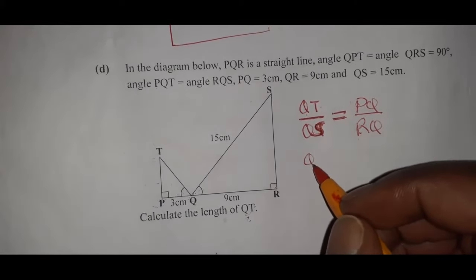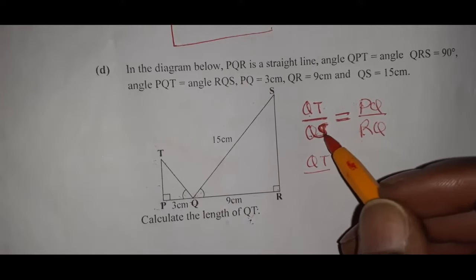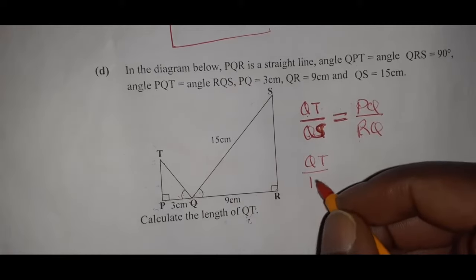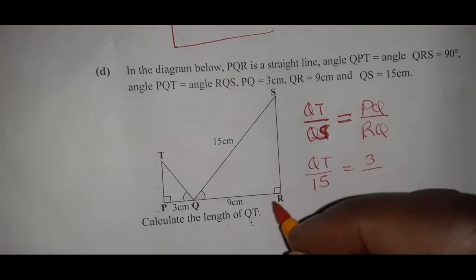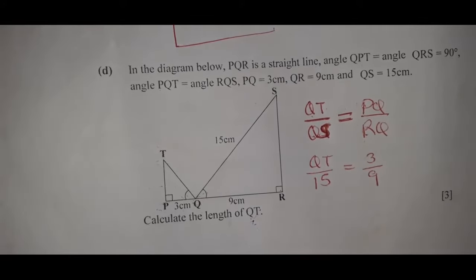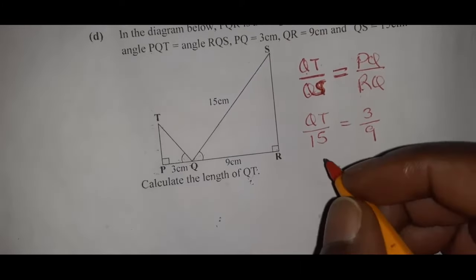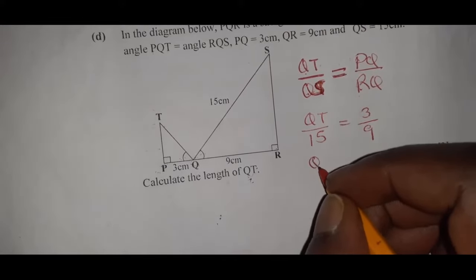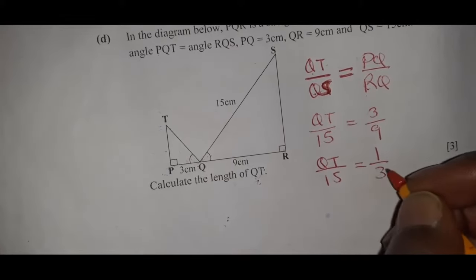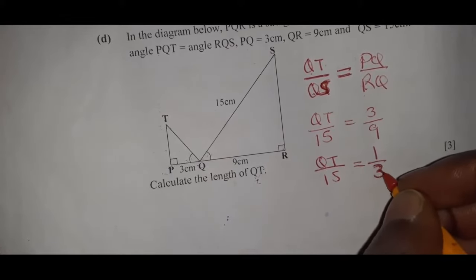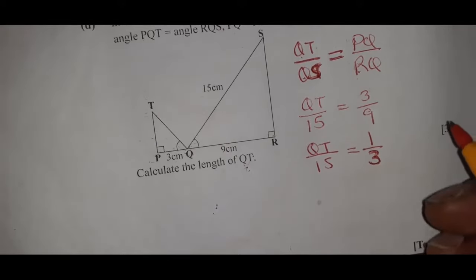QT is what we are looking for. QS is 15. This is equal to PQ, this is 3, over RQ, this is 9. We are using ratios of corresponding sides. So this is QT over 15 equals 1 over 3. I've just simplified this part to avoid bigger figures.